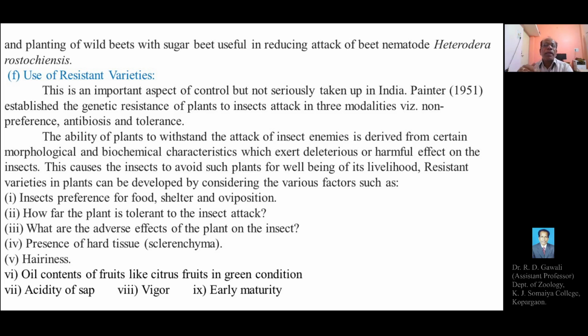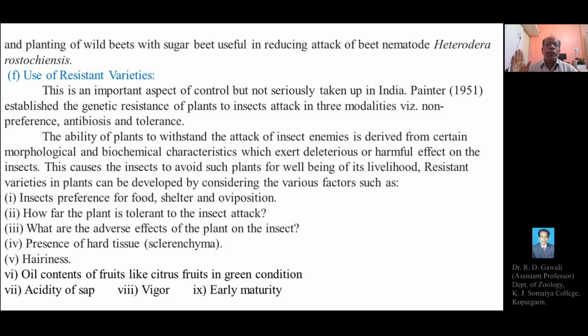But this particular practice, use of resistant varieties, is not seriously practiced or considered in India, and it can help in protecting the crop fields from the attack of different insect pests. So, use of resistant varieties is an important aspect of control, but not seriously taken up in India.